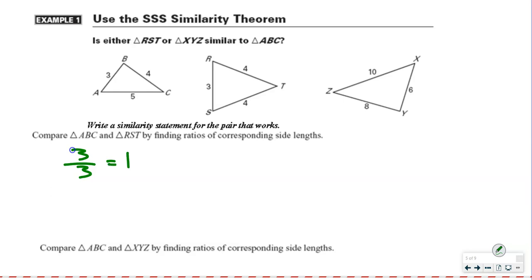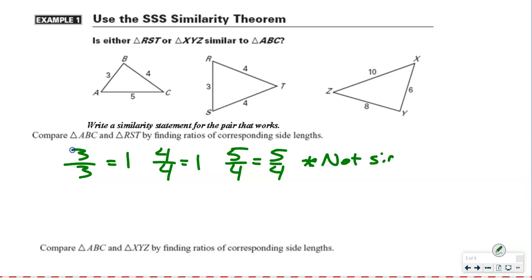That simplifies to 1. 4 over 4, that simplifies to 1. But then what we're left with is 5 over 4, which is just 5 over 4. So they are not the same. Not similar.